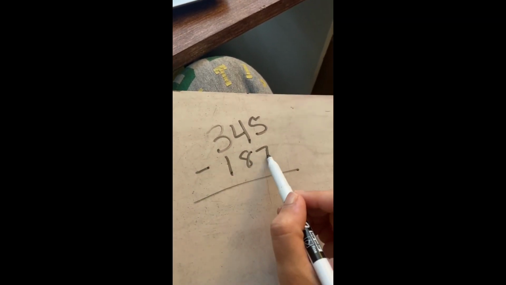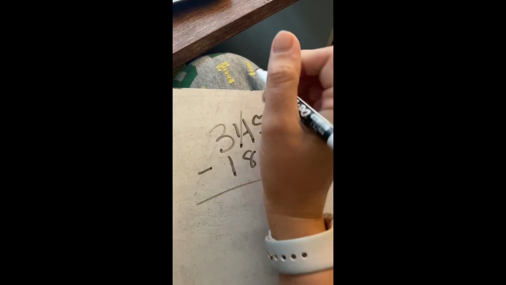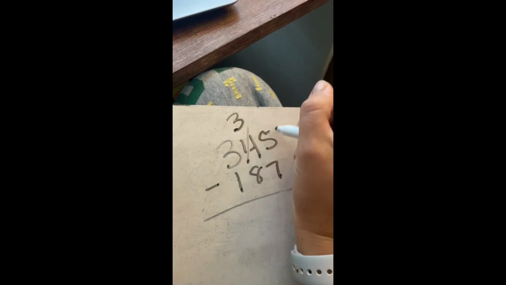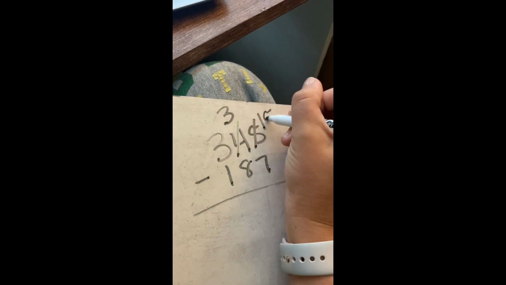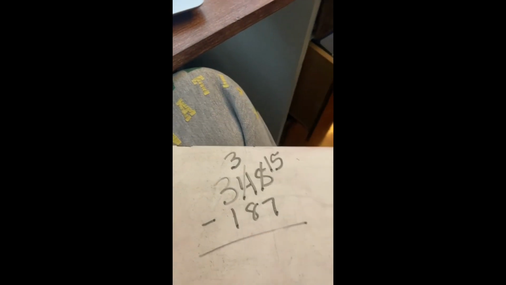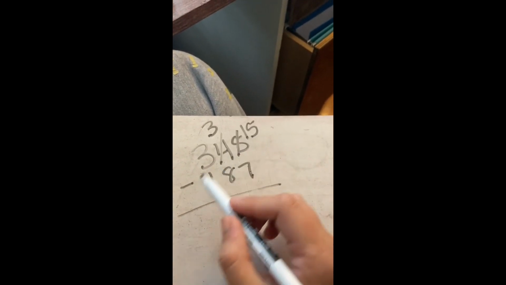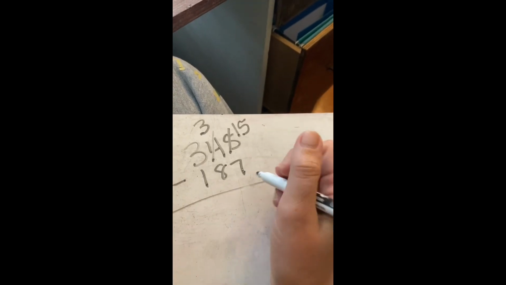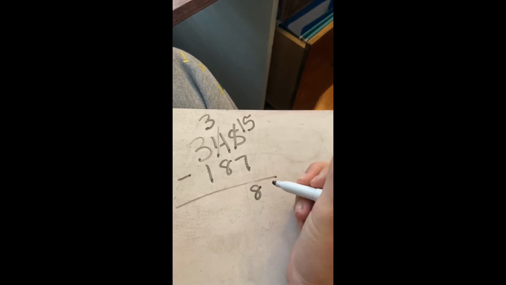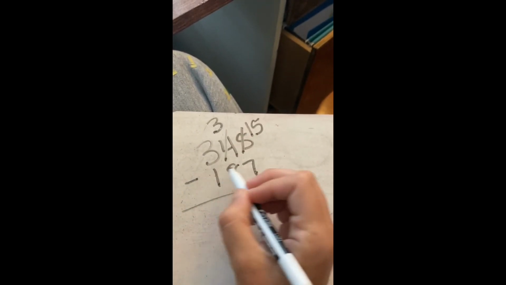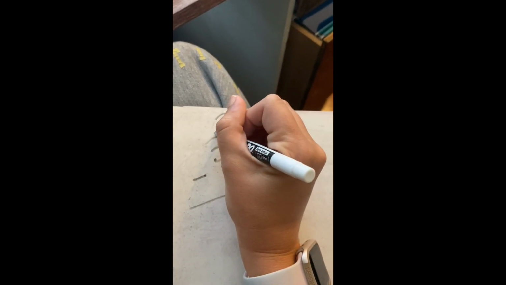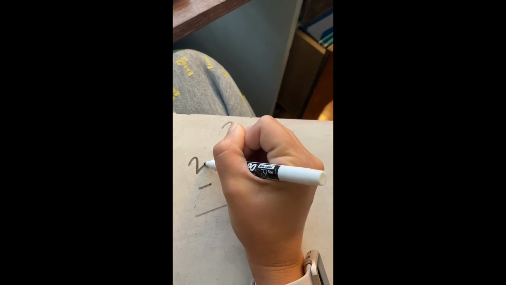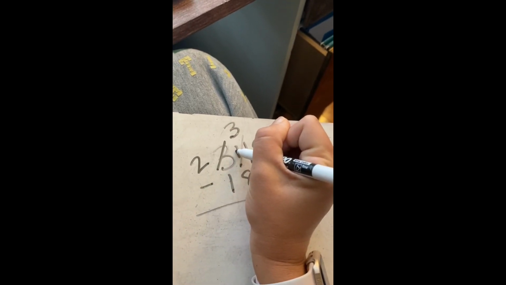5 ones minus 7 ones, I cannot do it, so I go next door to my tens. This becomes 3 tens, this becomes 15 ones because it gives me 1 ten. 15 minus 7 is 8. 3 tens minus 8 tens, I can't do it, so I go next door to my hundreds. This becomes 2 hundreds, and they give me 100, which in tens is 10 tens.